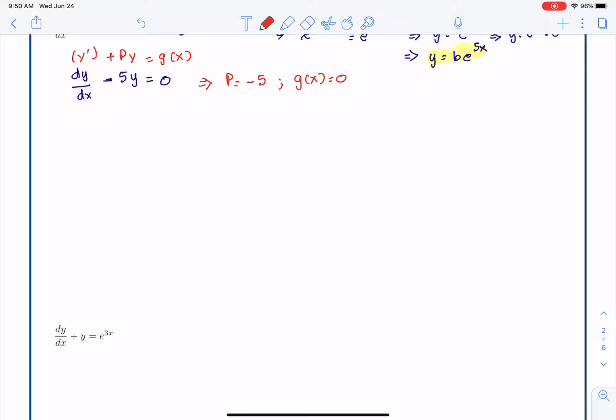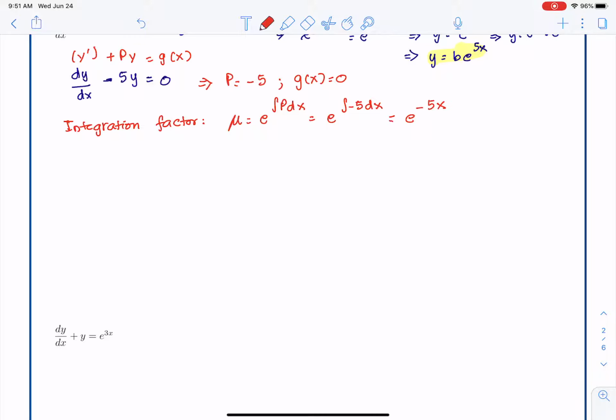We need to find the integration factor. So the integration factor here is mu equals e raised integral p dx, which is simply e raised integral -5 dx because p is -5. And if you integrate it, you will have e raised -5x.